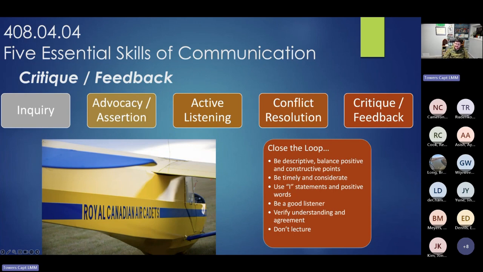You want to be timely and considerate. So give feedback as soon as possible, but make sure there's time to fully discuss the issues. So it's got to be timely feedback, but it also needs to be enough time to actually discuss the issues. As a quick example, there was a parade that I went to on Sunday, and there were some cadets that made some comments there, and I need to give them some feedback on some of the conversations that they were having and address that issue.